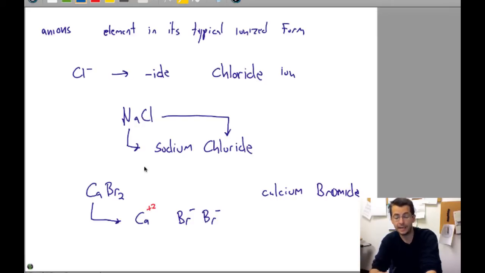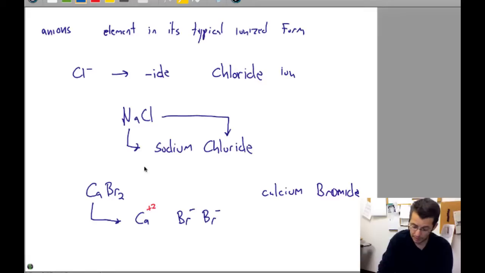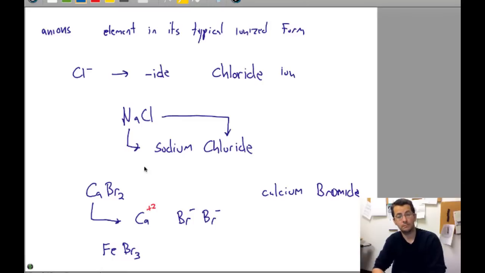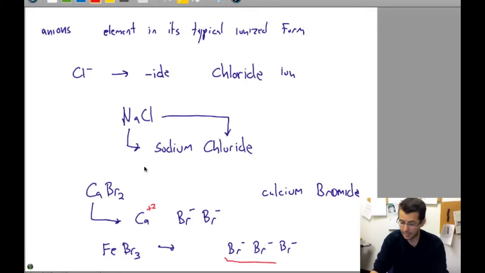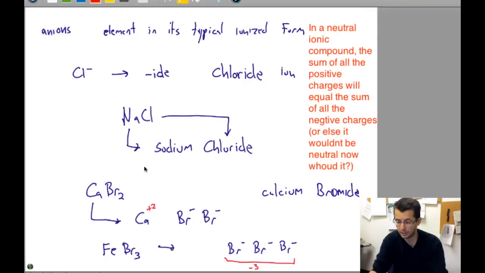Simple. Name the cation, name the anion. Done. Now, what about something like FeBr3? Well, in this case, the charge on the iron isn't explicitly told to us. But we have 3 bromines, each with a -1 charge, a total of -3 charge, and there's only 1 iron, so it has to balance out that charge.